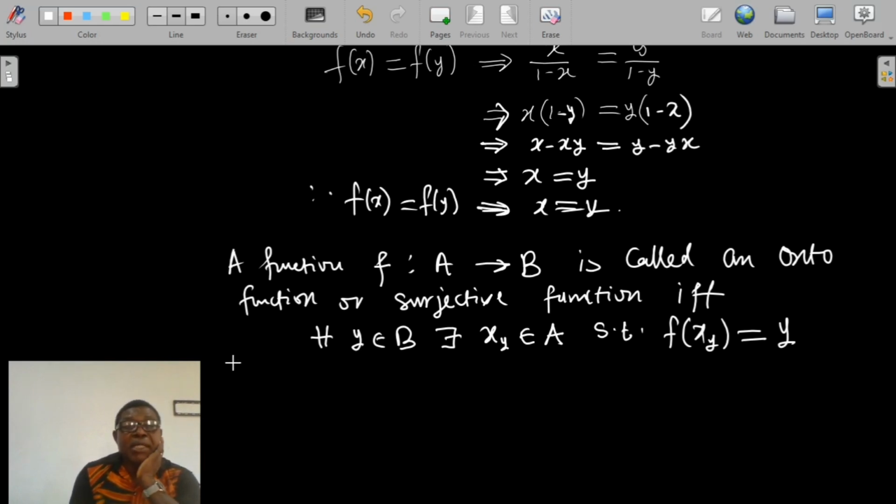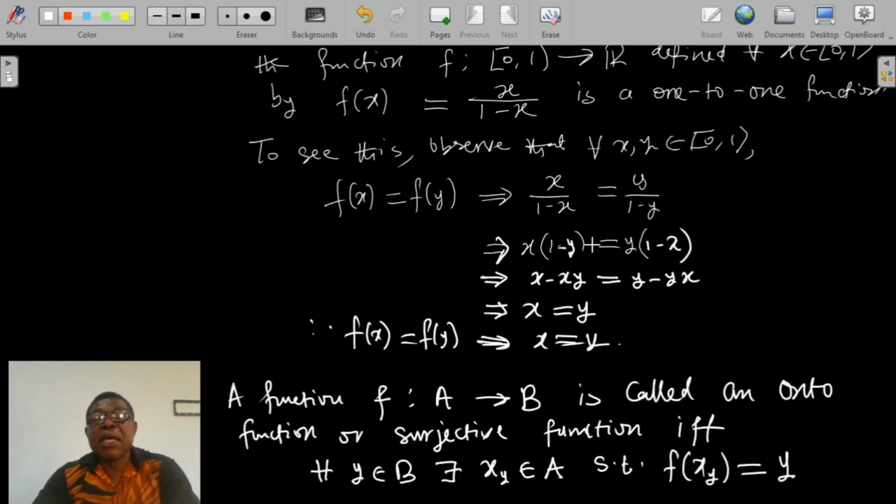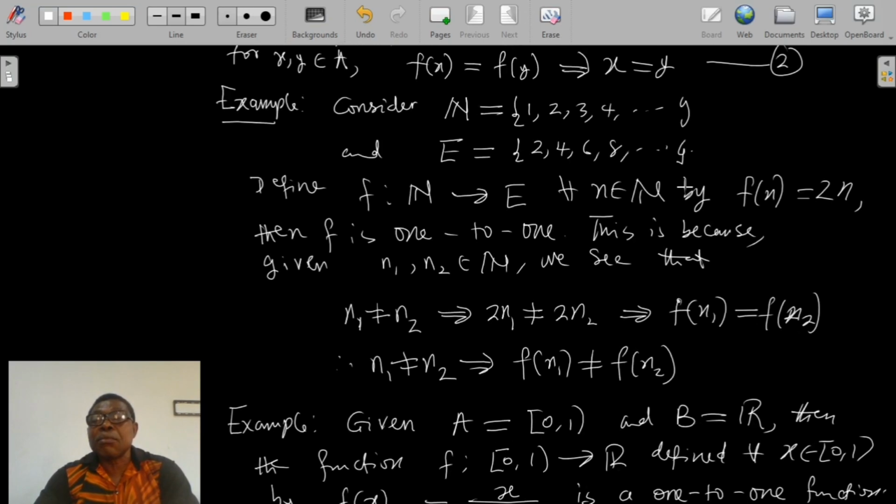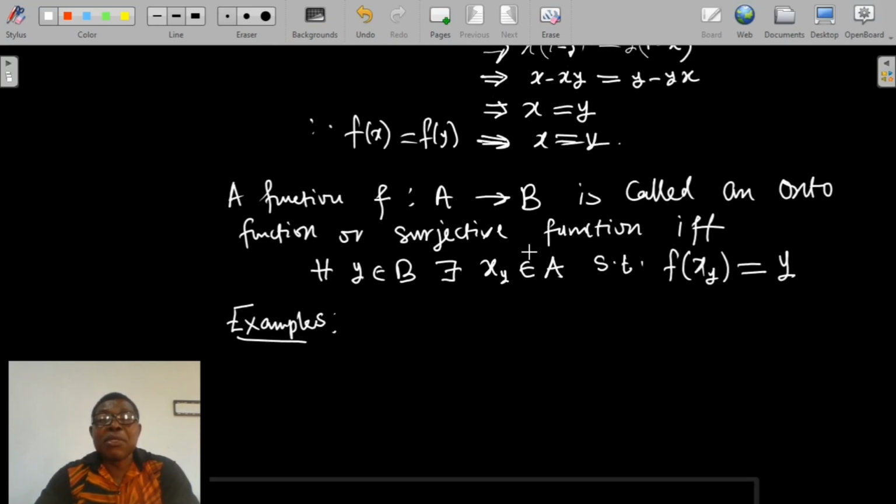A typical example, in fact, okay, let's see examples. Let us even look at the example I gave up here. It happens that coincidentally the two examples above will still do the job.